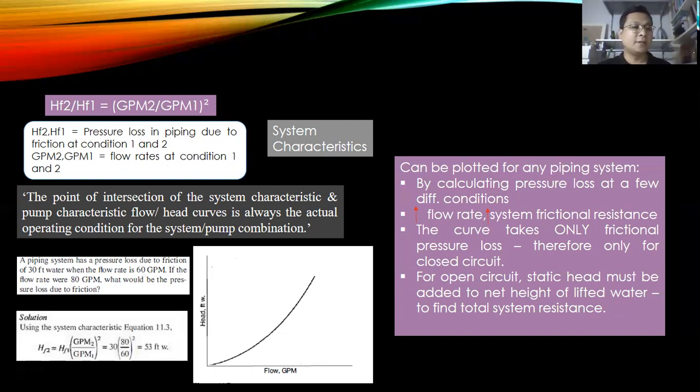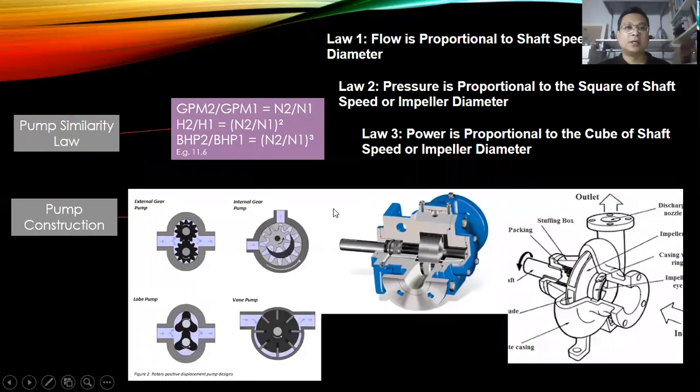You can use this relationship formula, modified to find the head loss at position 2. Now we can answer the question.